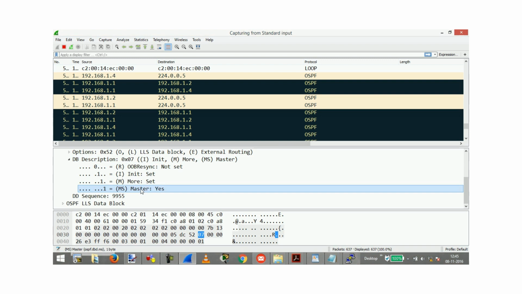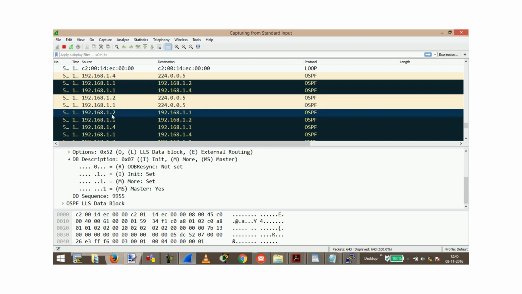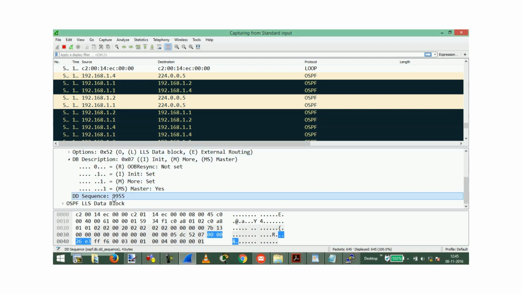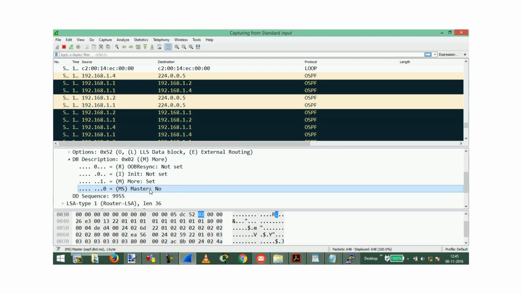Both the routers will say that I am the master, and the one with the highest router ID will be elected. And then the sequence number that the master decides will be followed by the slave also. So you can see that the master said I am the master, and we will start with sequence number 9955. And then the reply came that, okay, you are the master, I am not the master.